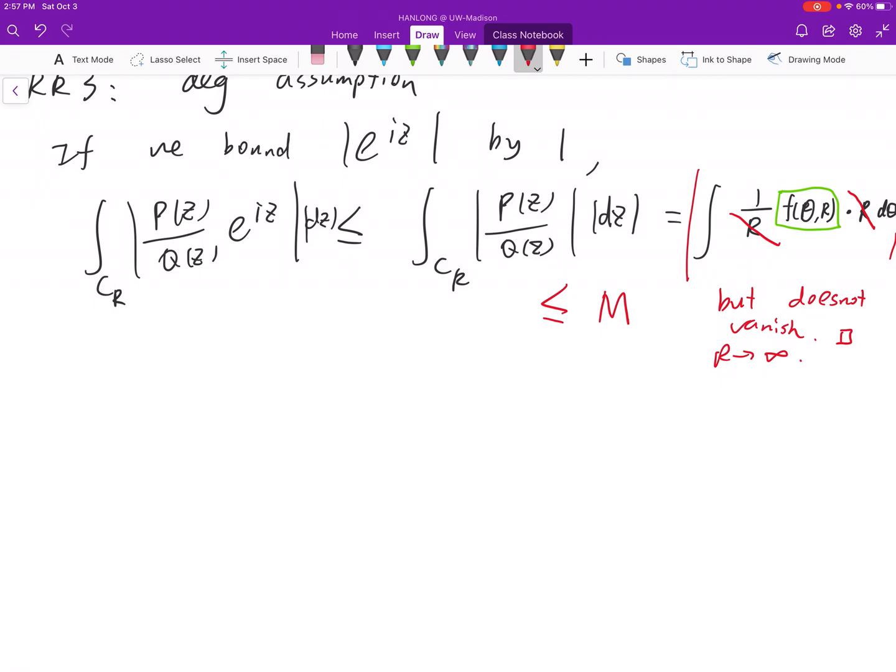Okay, next, how to get over this, why 1 is enough. This means we cannot control the error terms in such a naive way.